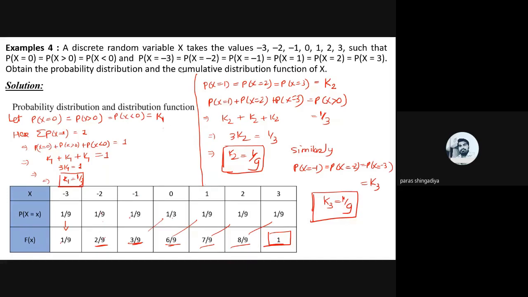And the probabilities for all the non-zero values, that is -3, -2, -1, 1, 2, and 3, are equal. Remaining all the values' probabilities are equal. So derive the probability distribution.